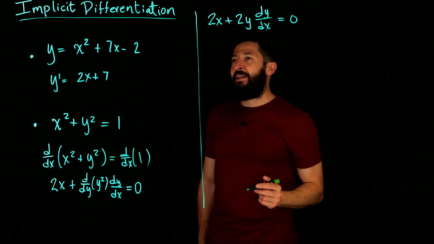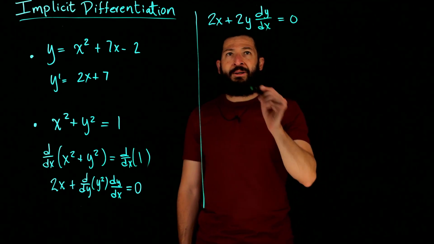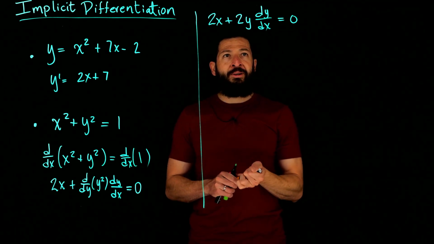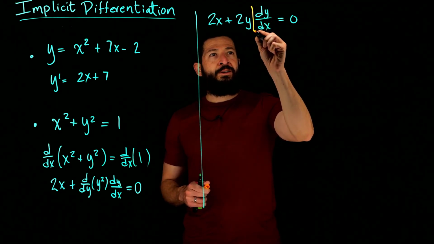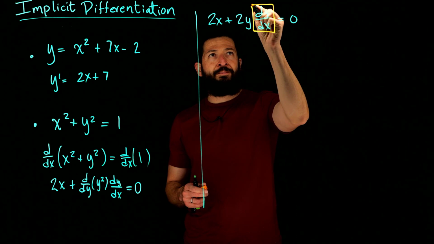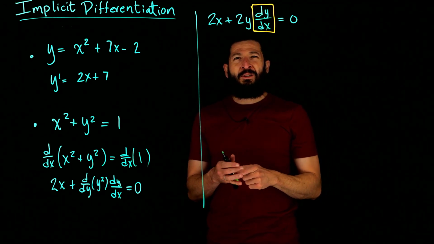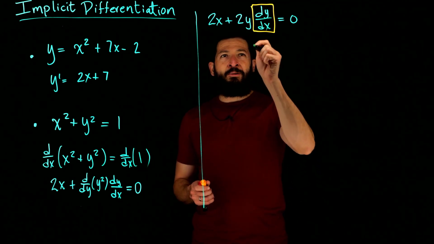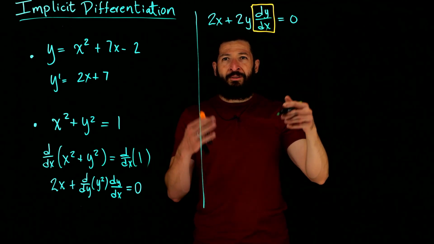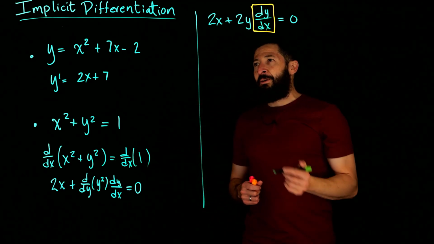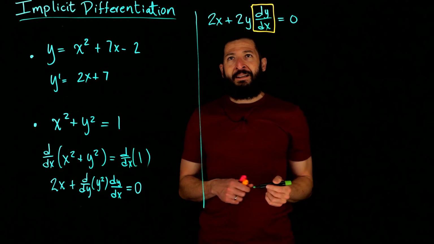Now this dy dx is also called y prime. So what I have to do now to find my derivative is to solve for this expression here. I'm not going to call it y prime, even though it's easier to write it, because sometimes it gets a little bit confusing when you have y prime and you forget which one has the prime or not. But I'm going to write it as dy dx just because it makes it a little bit easier.